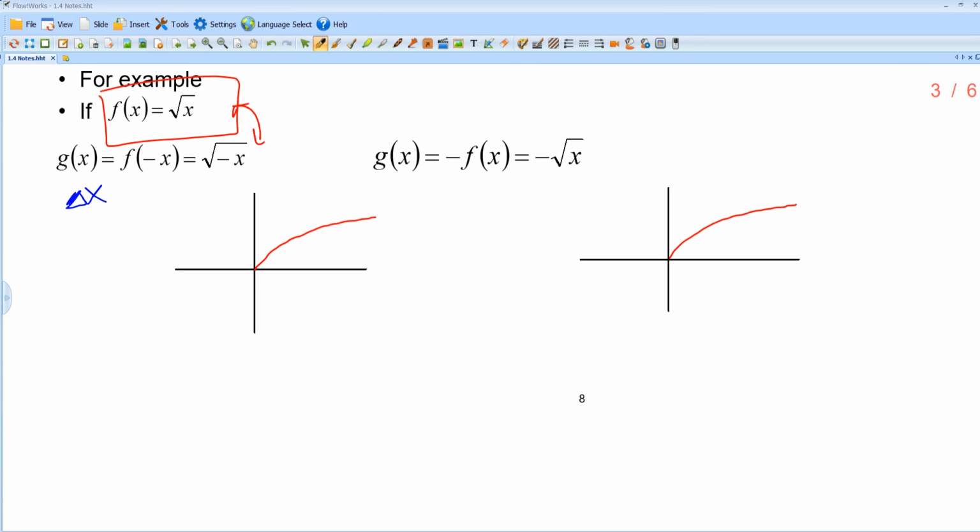If you're thinking about some point in the first quadrant, let's say 2, 3, right here, I know it's not actually 2, 3, but that's fine. All I'm doing is changing the x to a negative, so it's going to become negative 2, 3. So what did I just reflect over? Well, I just reflected over the y-axis.